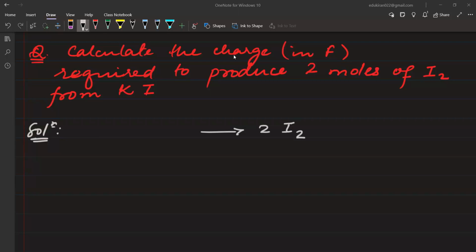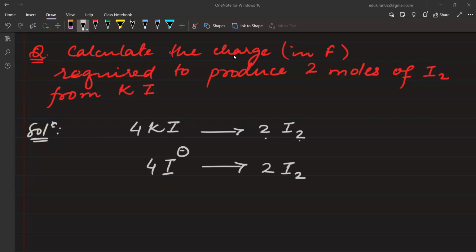Why? Because 2 into 2 is 4, I need at least 4 iodine and 1 KI में 1 iodine, so if I have 4 KI then I will get 4 iodines, right? Now in this case KI में iodine जो आपका main item है, I negative, potassium is just a spectator ion, it is not doing anything, it is just watching the reaction happening. It is going to give you 2 I2.